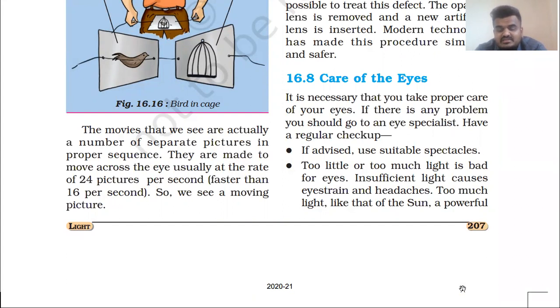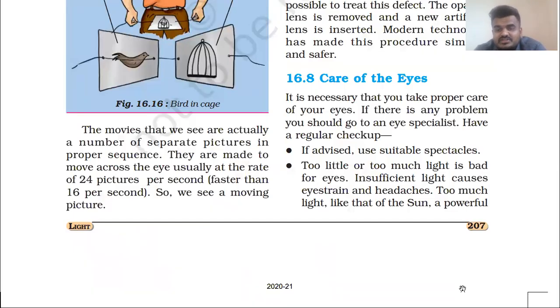If advised, use suitable spectacles. Simply means if you are having some problem with wind or dust or anything else, sometimes somebody has problems with heat also. Their eyes cannot sustain heat. So we just have to take care of it.